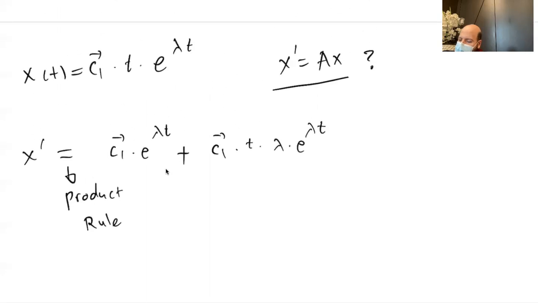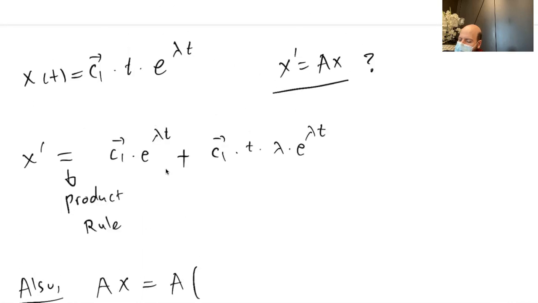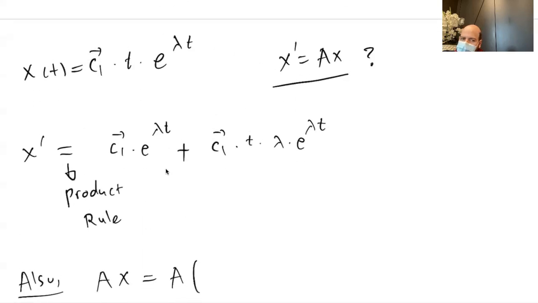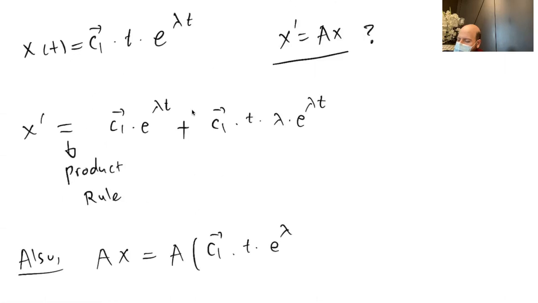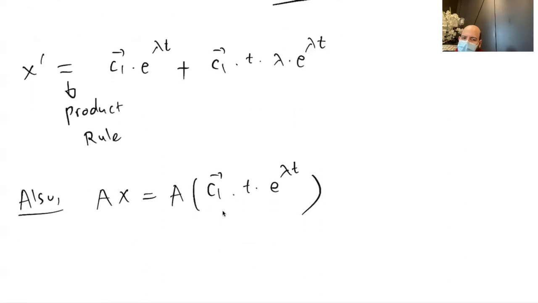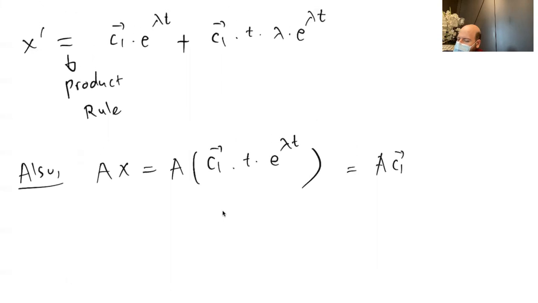Now what is Ax? Ax will be A times this, my x here, C1 t e to the power lambda t. Now I can write this as A C1 t e to the power lambda t.